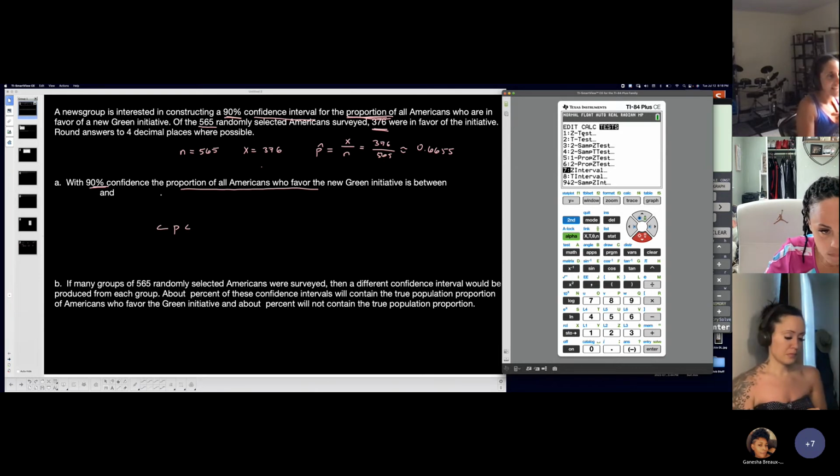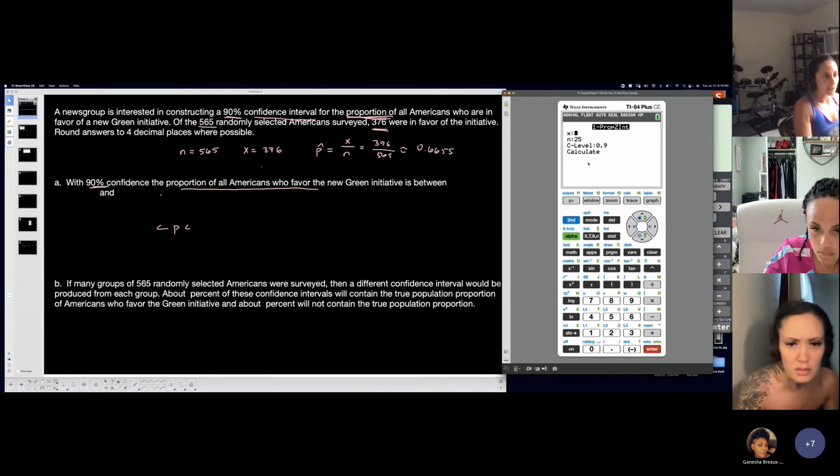All the stuff that ends in test, that's coming soon, don't worry. But you want an interval, so scroll down to the stuff that ends in interval, and you're looking for 1 prop Z int. And it tells you, right? Prop, think proportion, Z scores when you're dealing with proportions, and it's only 1 sample, so 1 prop Z int, it ends in interval. I want an interval.